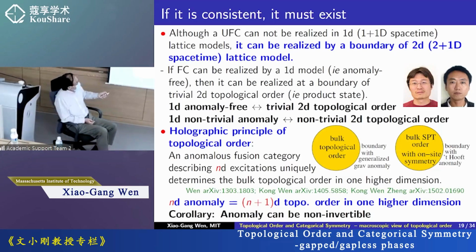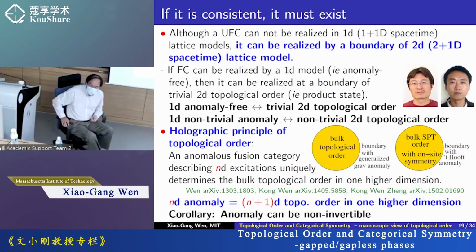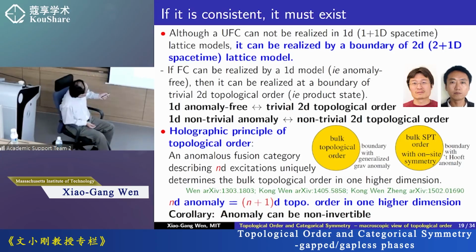However, the topological order in the bulk is usually not invertible. So using this bulk-boundary relation to define gravitational anomaly, most gravitational anomalies are not invertible. I'll come back to the invertible things later, but just say this is the generalized one.